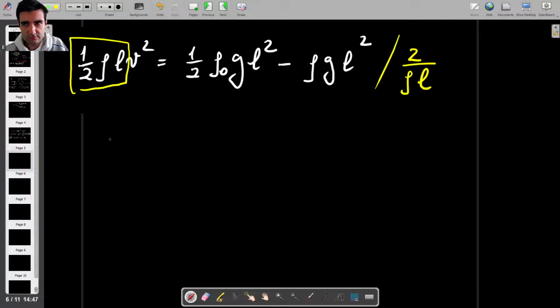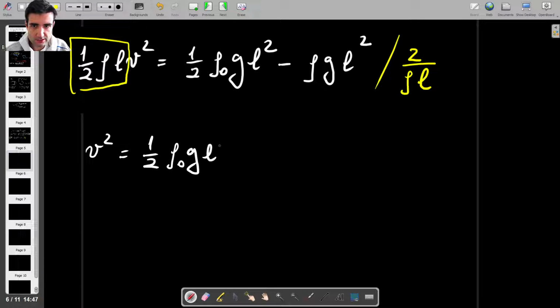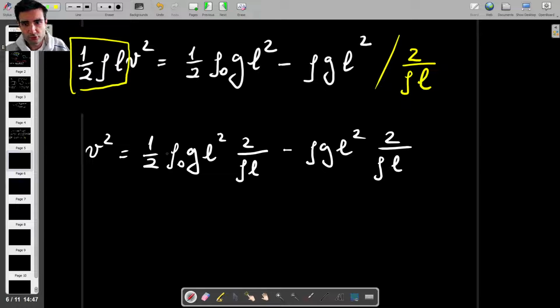So we end up with v squared equals 1/2 rho 0 gL squared times 2 over rho L minus rho gL squared times 2 over rho L. Here the 2's will cancel out.